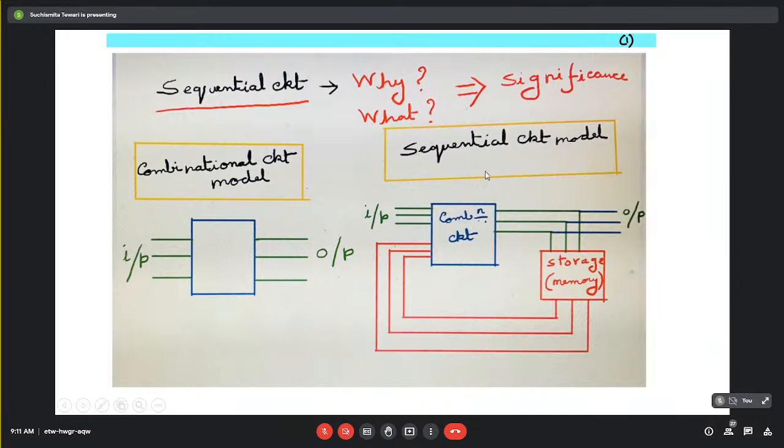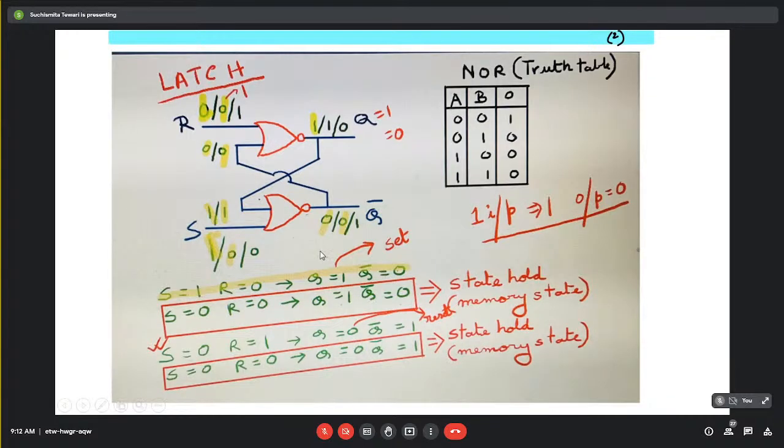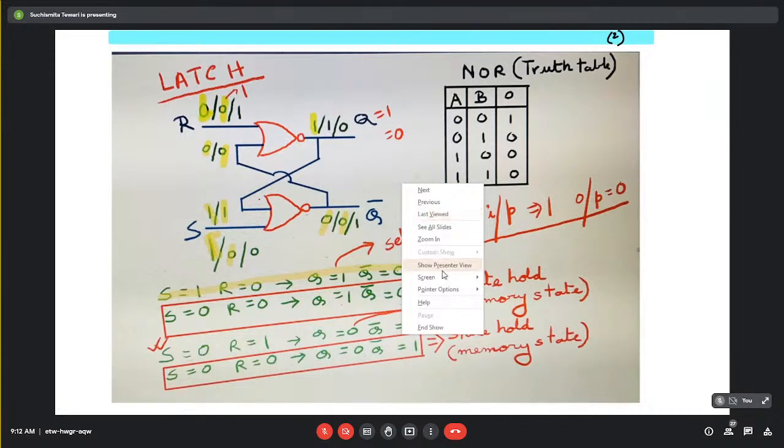Here lies the significance: it determines the sequencing and creates the link between the separate individual combinational blocks. Now we will start from the simple memory element that we call a latch.